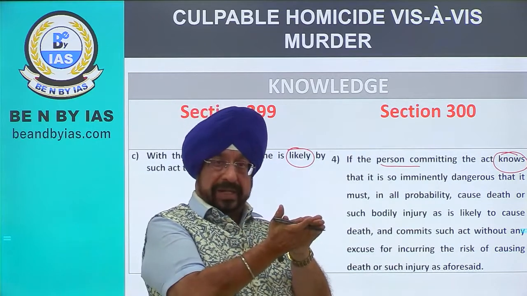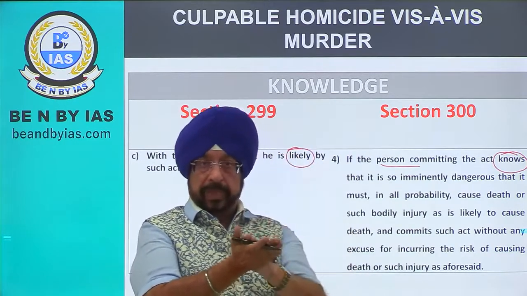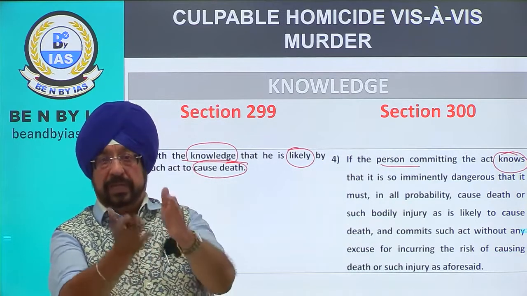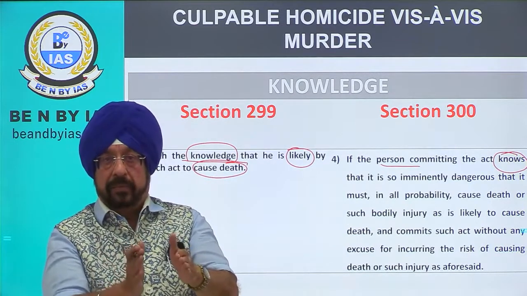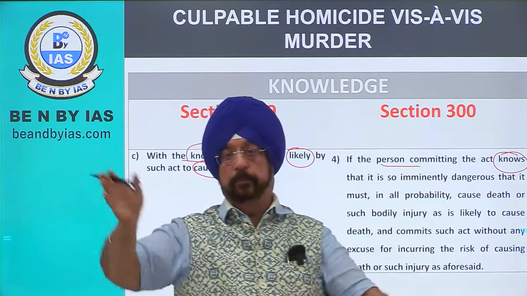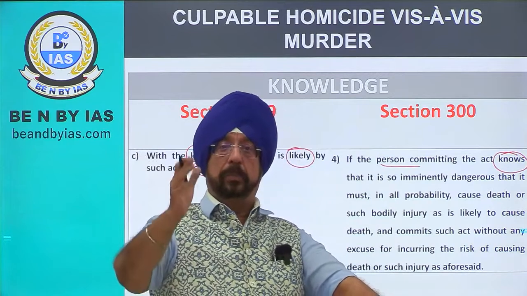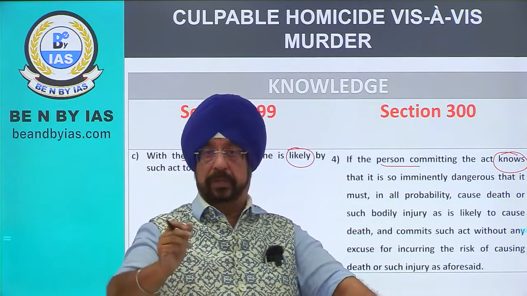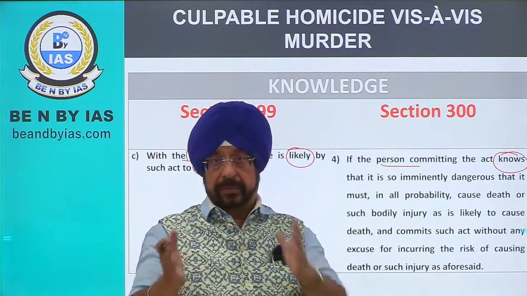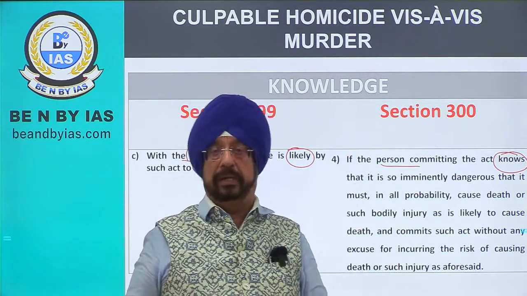The knowledge part, the intention part, that is what is happening in his mind, and the kind of act which he is performing, what is the likelihood of death through that act? Is it only likely or in all probability, in sufficient course? So that will create the difference. Or if the act itself is so imminently dangerous.